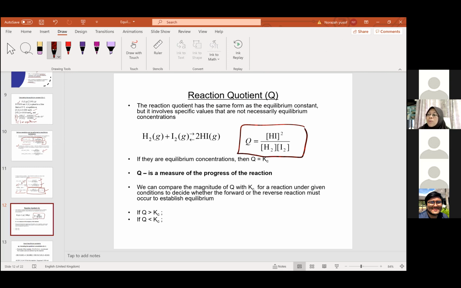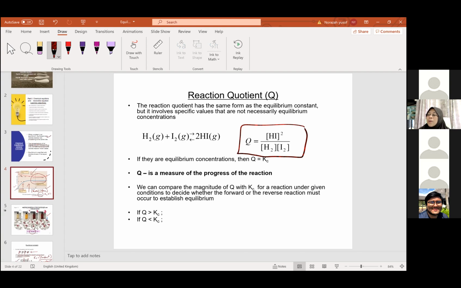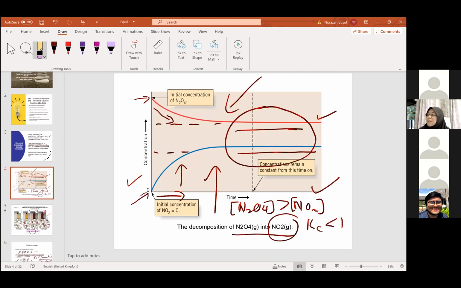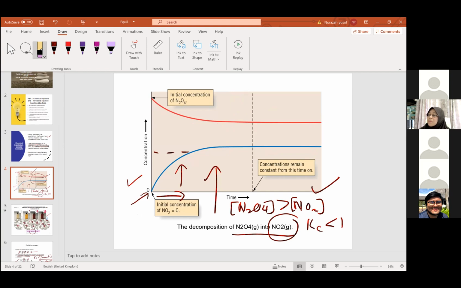So how are you going to understand that? Let me clean up first. So Q is the progress of the reaction until equilibrium is achieved.